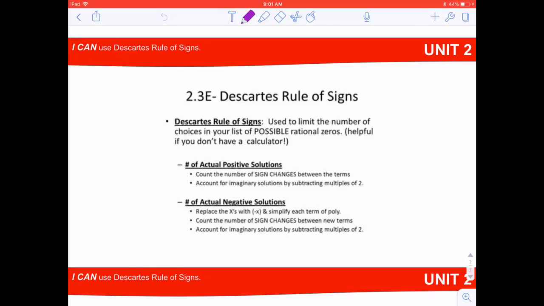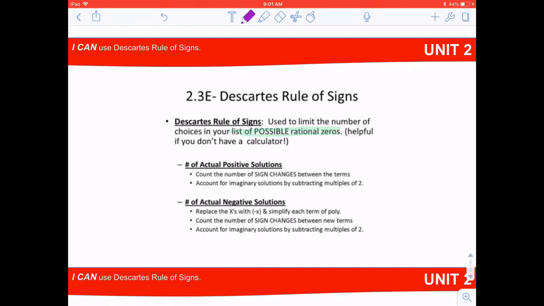Hey there, so in this video we're going to be looking at Descartes' rule of signs, and this rule of signs is going to help us to narrow down our choices for our list of possible rational zeros of a polynomial.